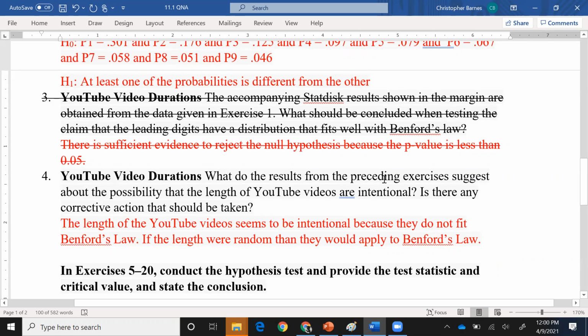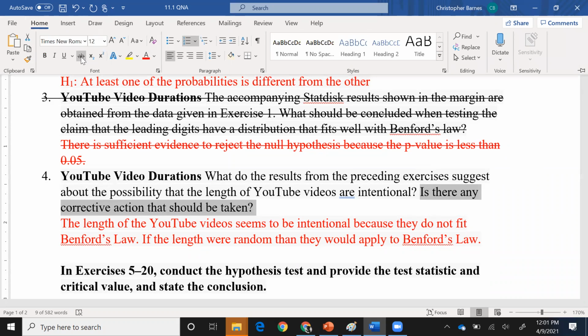So look at this right here. What do the results from the preceding exercise suggest about the possibility that the length of YouTube videos are intentional? Intentional means they're not random. Is there any corrective action that could be taken? Honestly, I would say forget about the corrective action.